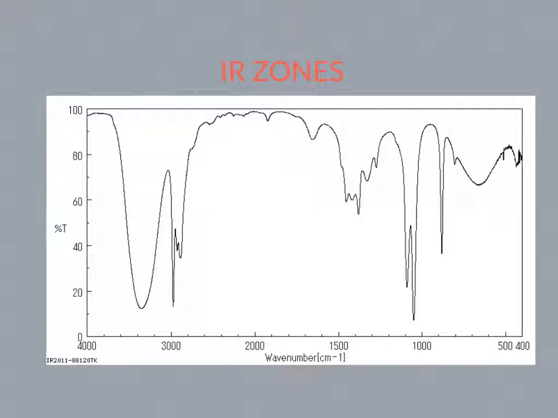Zone 4 is the carbonyl zone from around 1850 to 1550. It's right in here. And then zone 5 is a double bond area from around 1550 to 1350. So this area right here. Anything beyond that over here is considered the fingerprint zone, and it is not analyzed.